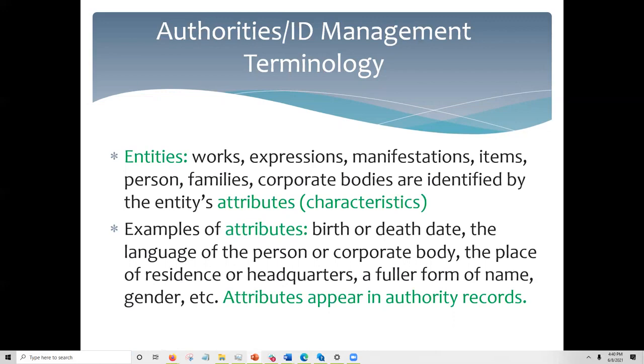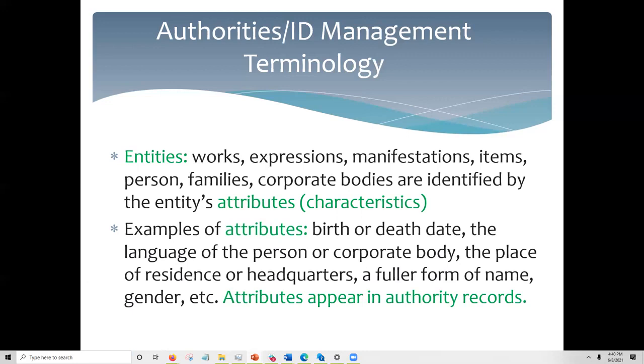Entities: work, expressions, manifestations, items. Okay, so for catalogers, the work, expression, manifestation, items, they probably know what all of those things mean. You can kind of squish all those together and just think of items or titles. Person, families, corporate bodies, as identified by the entity's attributes or characteristics.